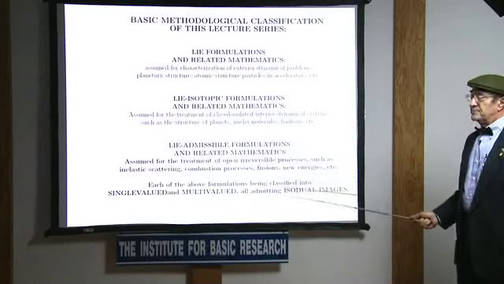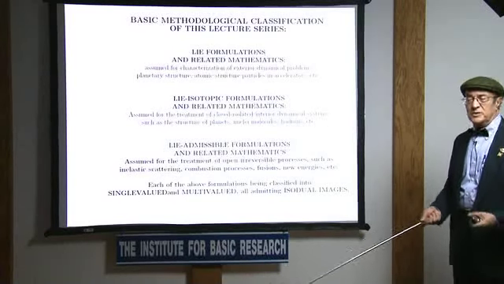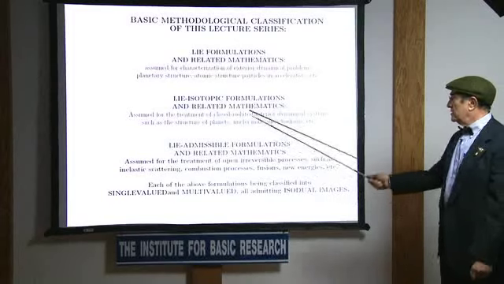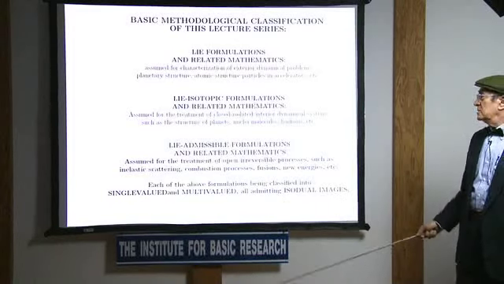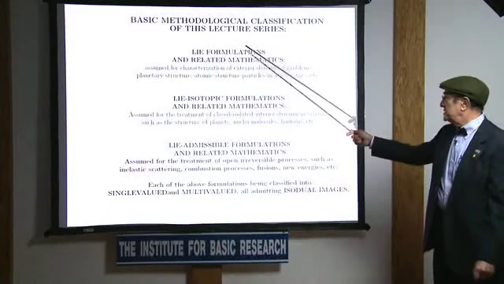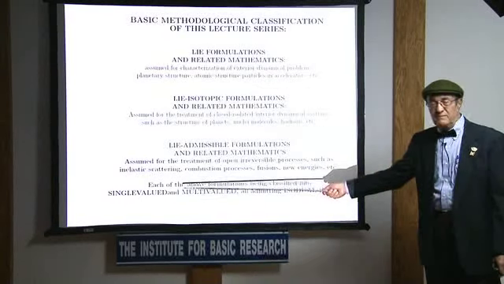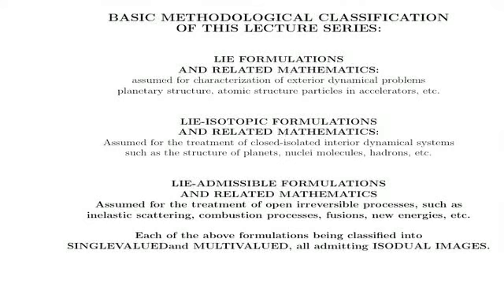With the passing of time and the investigation going deeper into this problem, we were forced to include the differentiation of the preceding three levels into single-valued and multiple-valued. This means there are 6 of them. And then we were forced to introduce the isodual formulation of all 6 of them to represent antimatter.